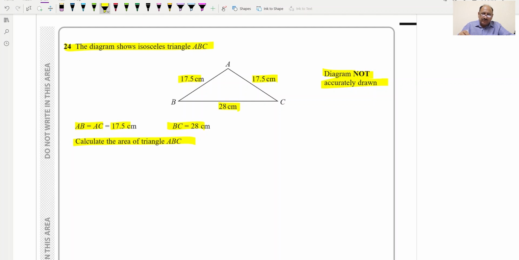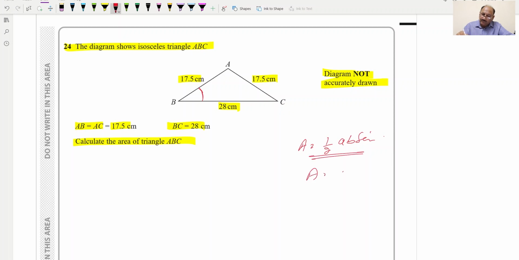Now we need one angle to find the area of the triangle, because we don't have the perpendicular distance. Otherwise we can use area is equal to half into AB sine C, if it is like an angle we have.